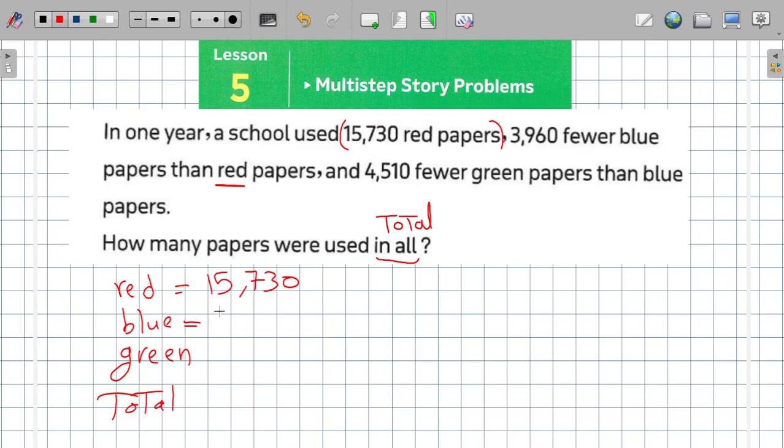So I have 15,730 minus the difference here between the two types. I have 3,960. Okay, so I will subtract the two numbers here. So I have 0 minus 0 equals 0. 3 minus 6, it can't be. So I will borrow from 7, it becomes 6 and 3 becomes 13.